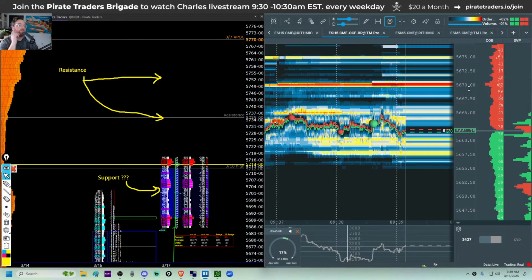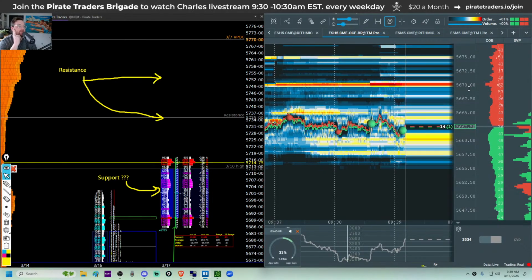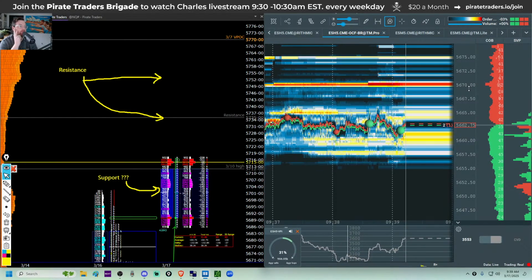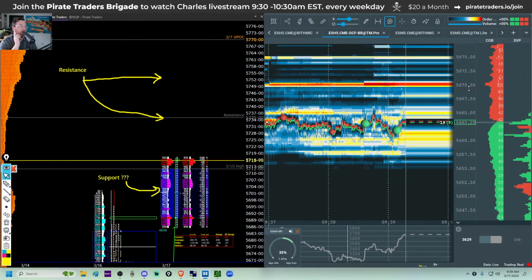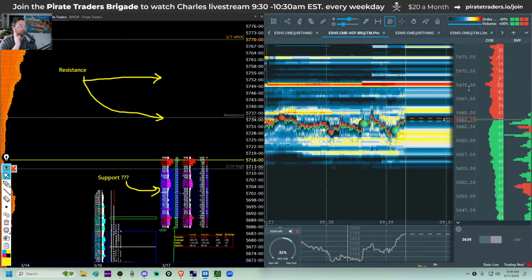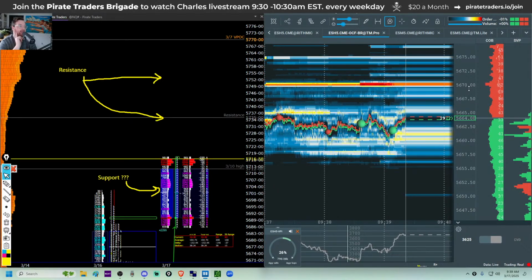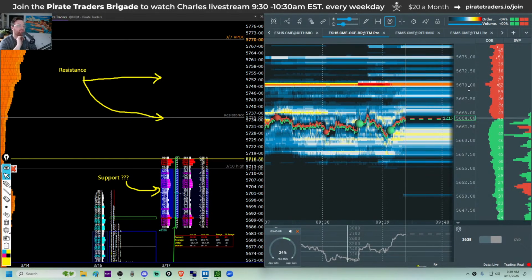Okay, moment of truth. If they cannot hold 57.12, they're going to pull back down to 57.04. If they can hold 57.12, we're heading up towards 57.35. Can the buyers hold it?